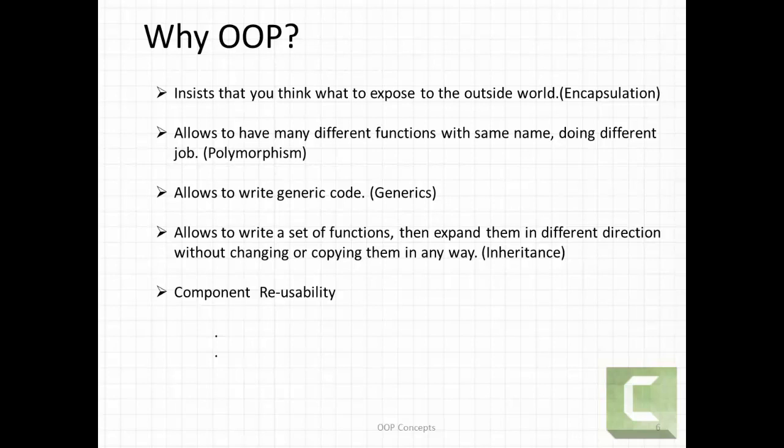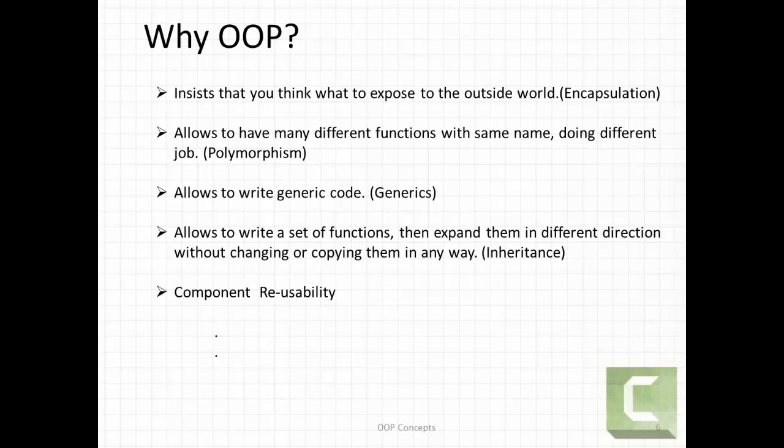So that way OOP will help. It allows you to write a set of functions that span in different directions without changing or copying them. Suppose you have this concept we call inheritance. Suppose you have certain properties of an object and you want to inherit that in your own object.